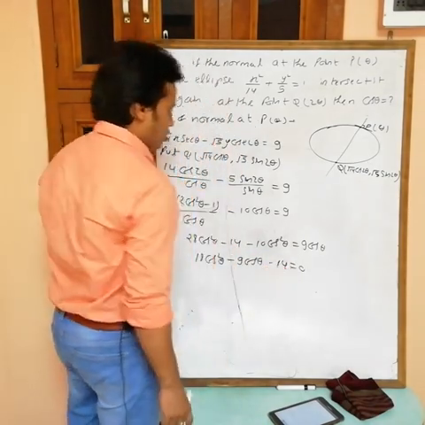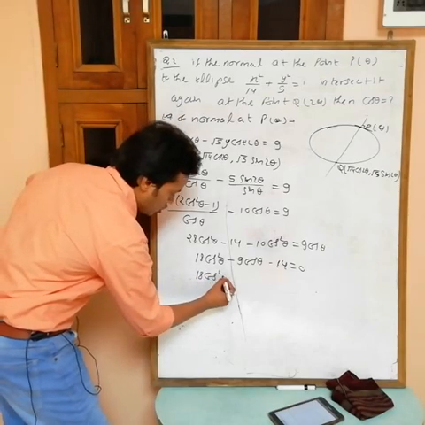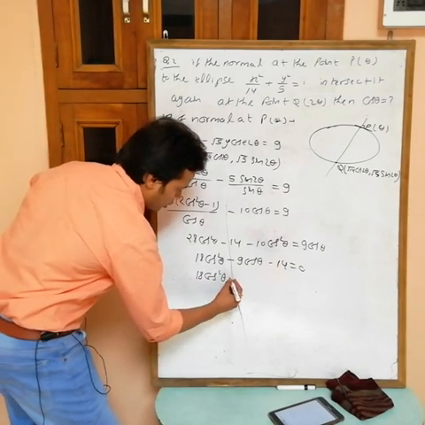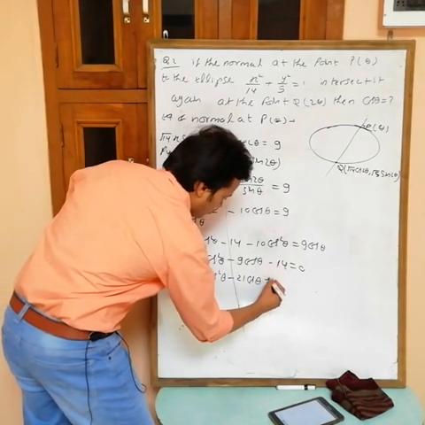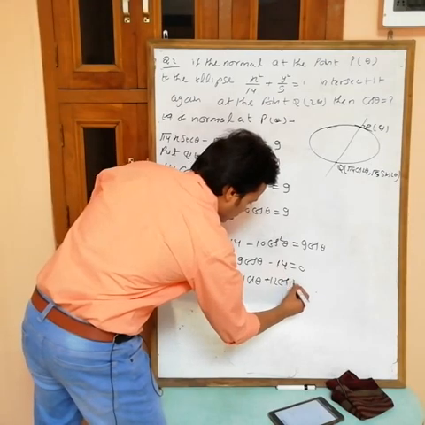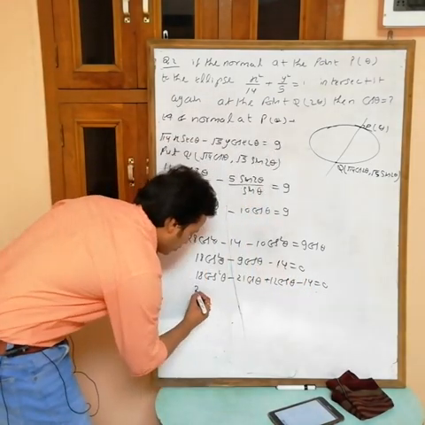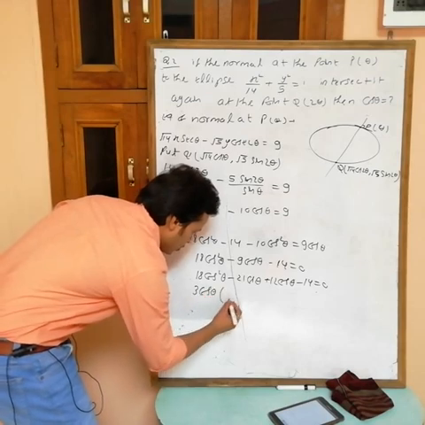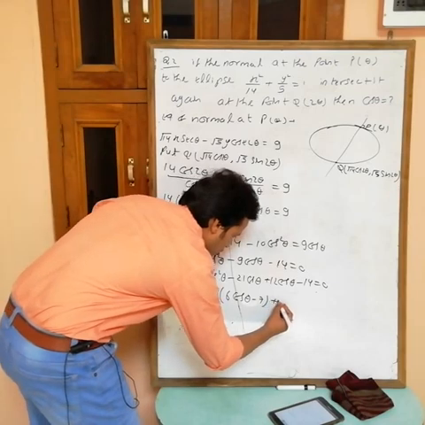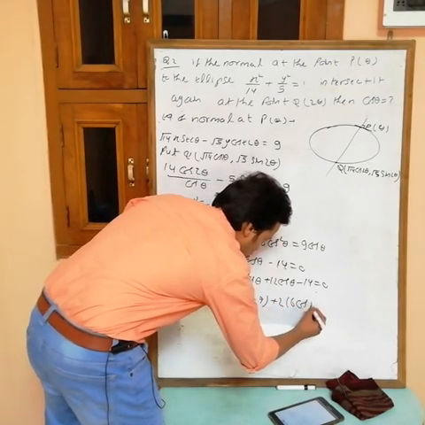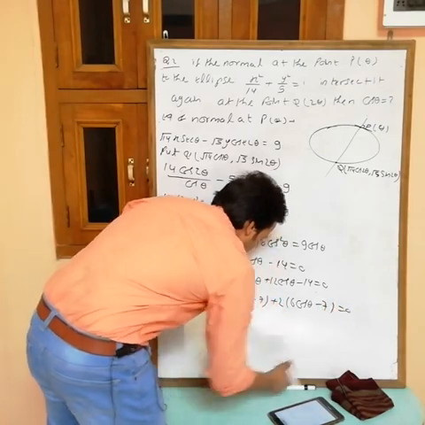Okay, now factorize. If you factorize, you will get the factors as 12 and 21: 18 cos square theta minus 21 cos theta plus 12 cos theta minus 14 equals 0. You can take common 3 cos theta, then 6 cos theta minus 7, plus 2 common, 6 cos theta minus 7 equals 0.